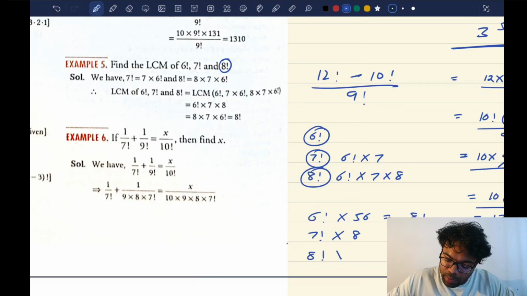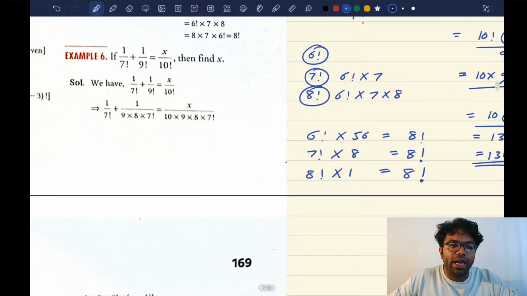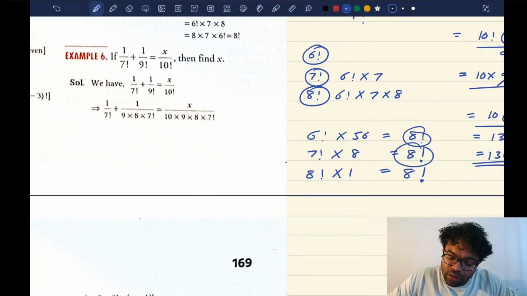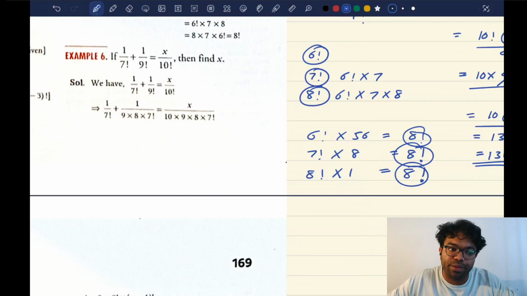And 8 factorial multiplied by 1 is equal to 8 factorial. So you're getting an LCM anyway. This 8 factorial becomes the lowest common multiple of all of them. Perfect.